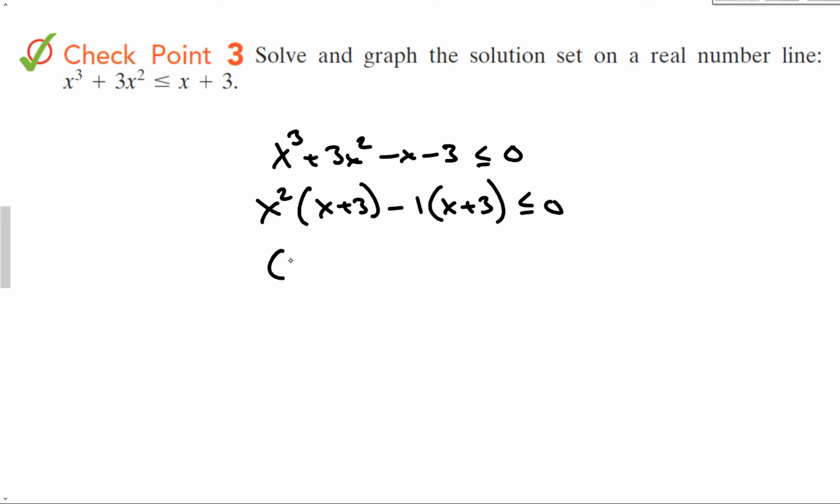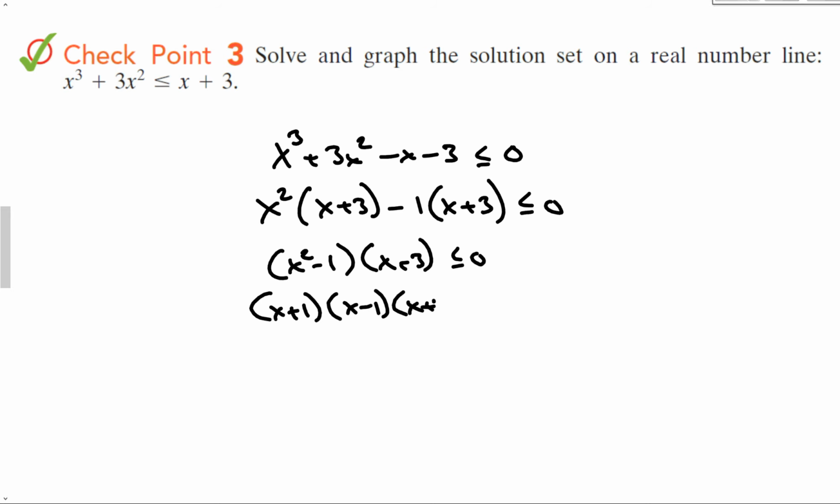And now I have x squared minus 1 times x plus 3. Factors again into x plus 1, x minus 1, x plus 3. And so x is going to equal -1, 1, and -3.